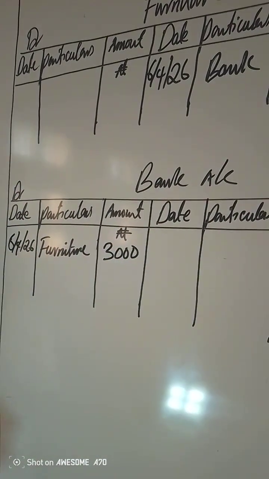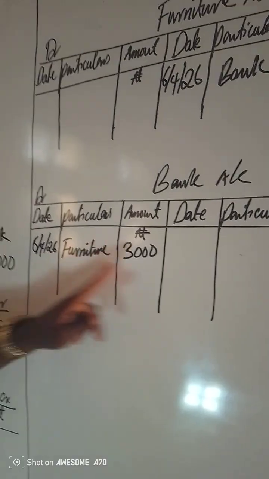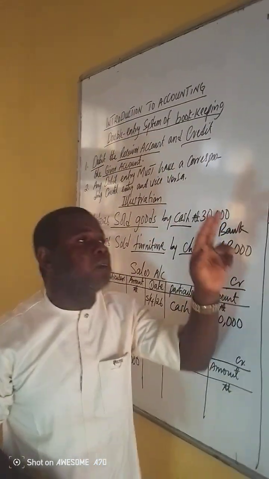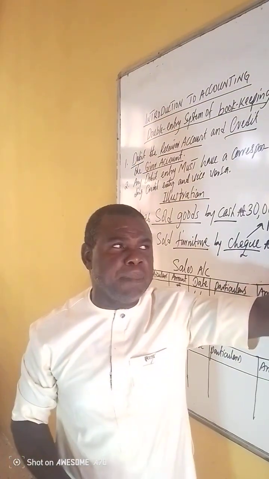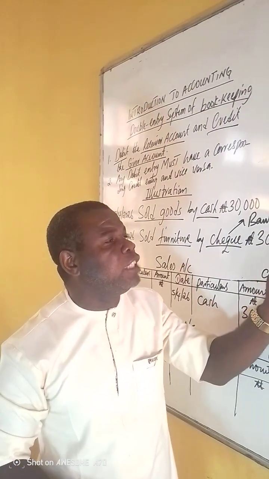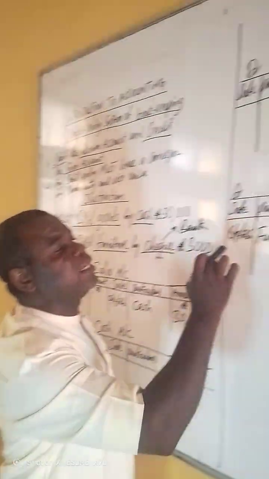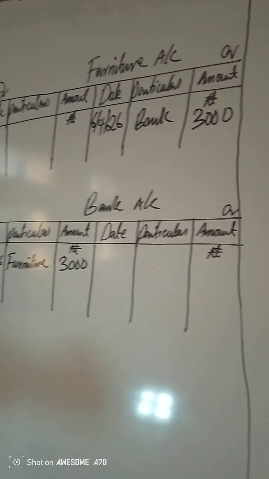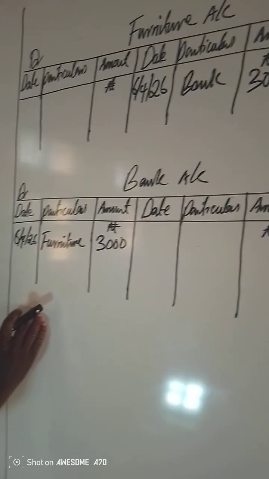And then in this case too, we say this becomes a full entry. I want to remind you, a complete entry in accounting has to do with the date, the particulars, and the amount, both on the debit and credit side, as the case may be. So here, this becomes a full entry, and we call it entry 1. This becomes another entry, entry 2, and this becomes what is called double entry.